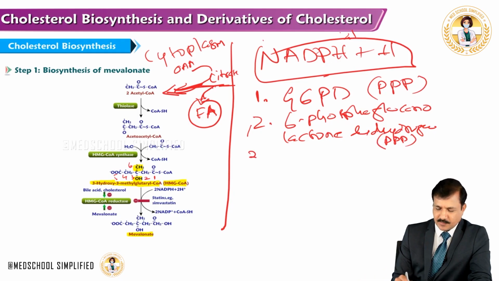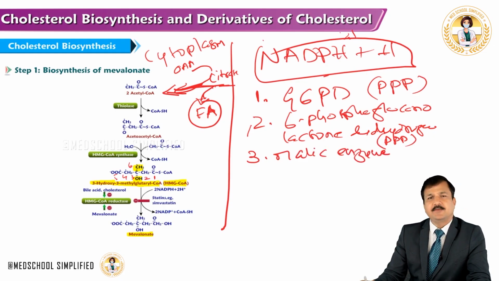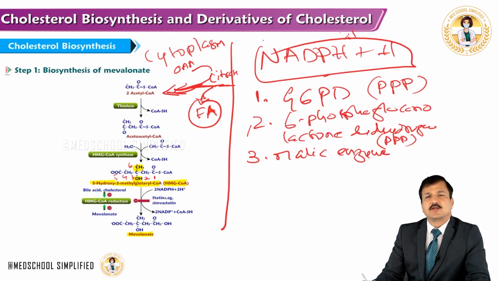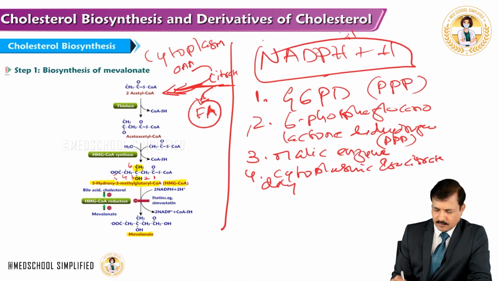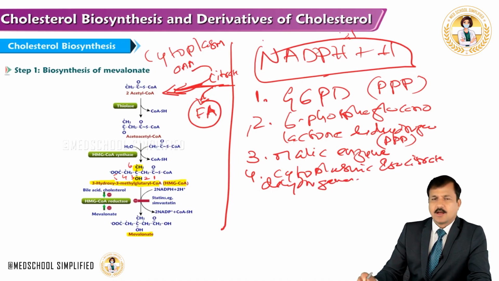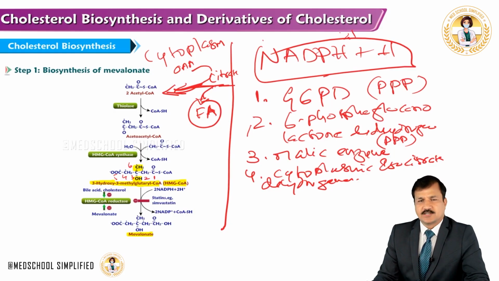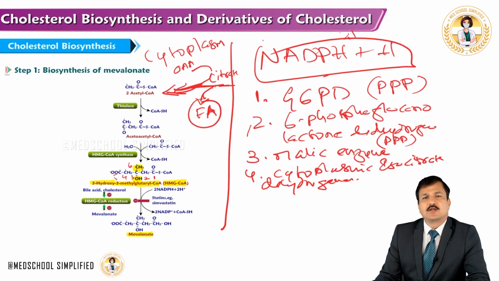Third is malic enzyme, which is involved in the conversion of malate into pyruvate. And the fourth is cytoplasmic isocitrate dehydrogenase, which is involved in the conversion of isocitrate into alpha-ketoglutarate in the cytoplasm.